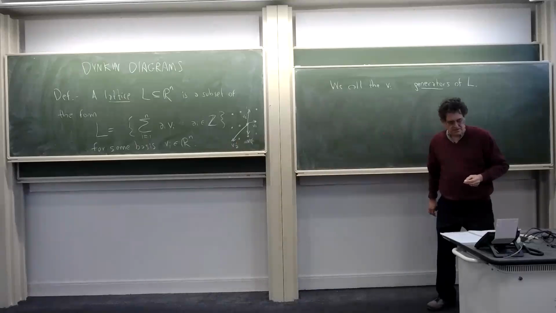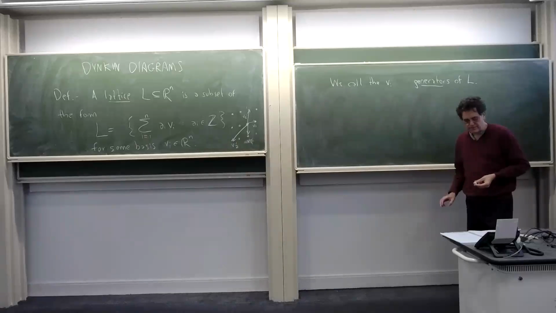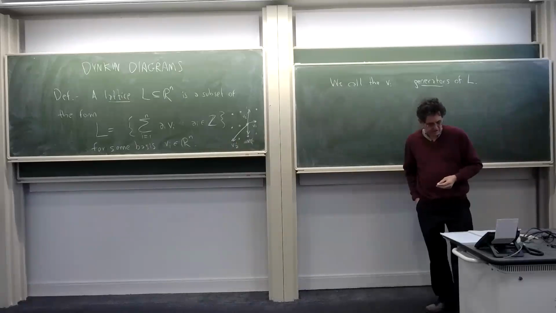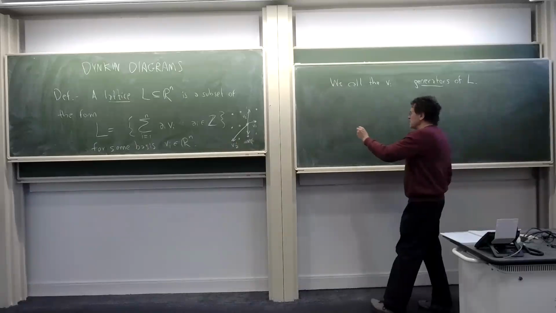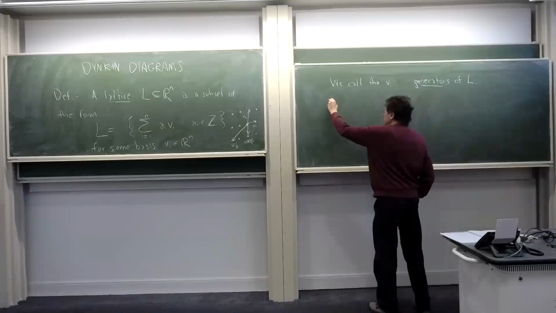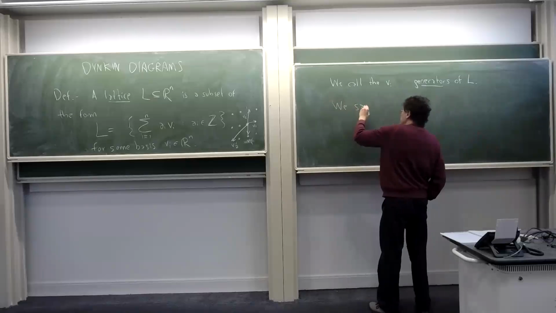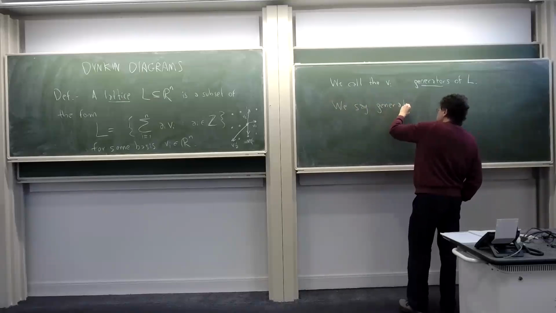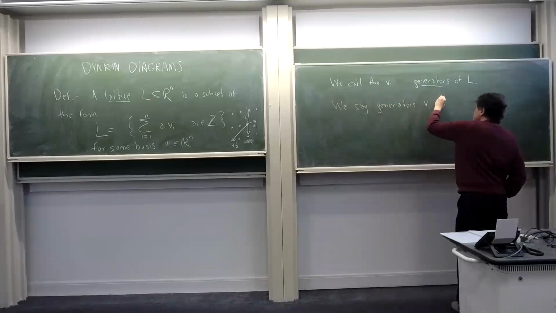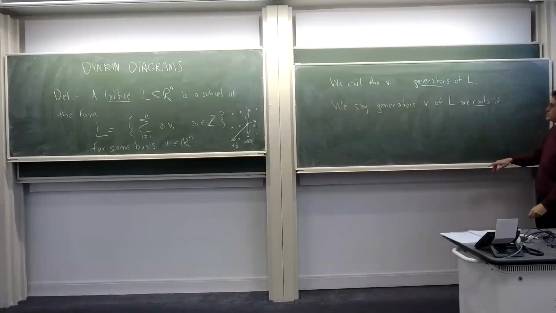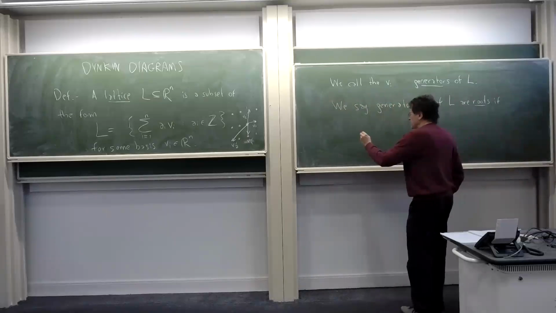Now, I want to study lattices that are very symmetrical, that have a finite reflection group as their symmetries. And so we introduced the concept of roots. We say that a bunch of generators are roots if when you reflect along any one of these roots, it maps the lattice to itself.